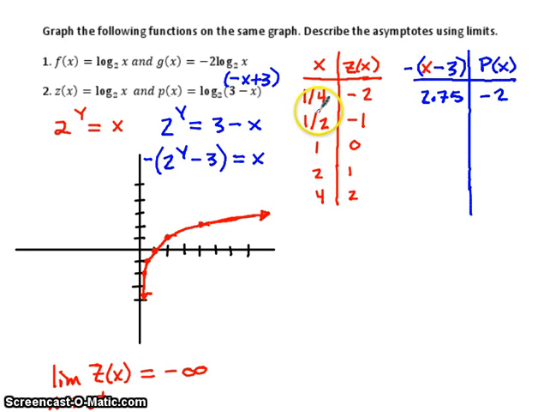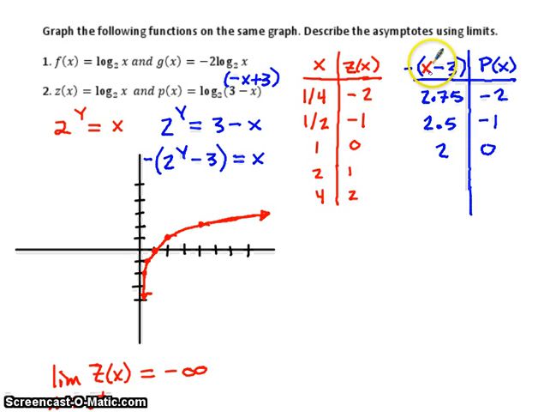If I plug in a 1/2 into that x spot, 1/2 minus 3 is a negative 2.5 times a negative is a positive 2.5 with that same y value. Okay, so plugging in a 1 into that x spot gives us a negative 2. Negative 2 times a negative is a positive 2, keeping that same y value.